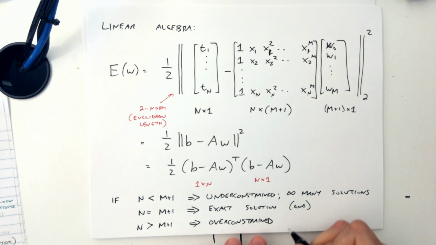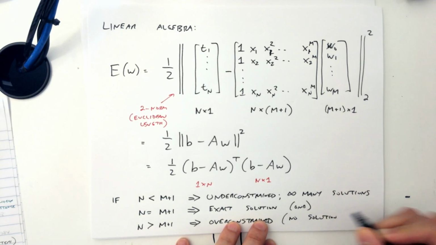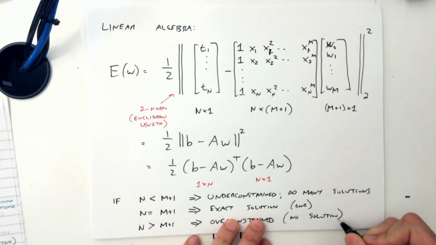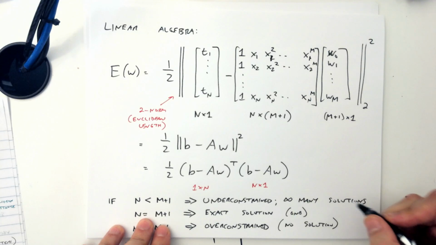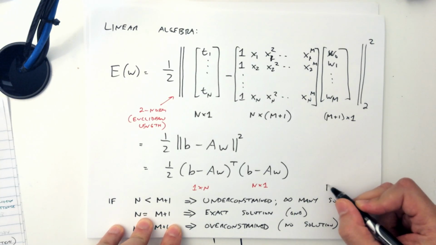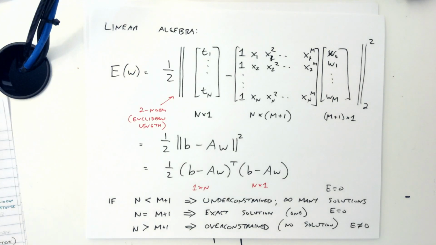There's usually no exact solution, but we want to minimize this error function, right? So here I can definitely get e equals 0 in this case and in this case, but I can't get e equals 0 in this case.